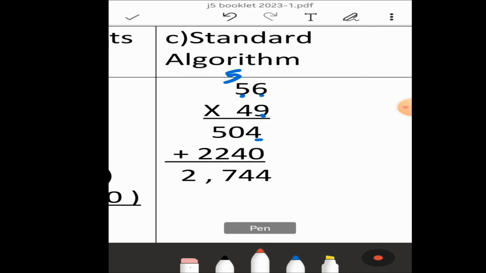Then 40 times 6, bring down 0, and 4 times 6 equals 24. Write 4 and carry 2. And 4 times 5 equals 20 plus 2 equals 22. So now add 504 plus 2240. The answer will be 2744.